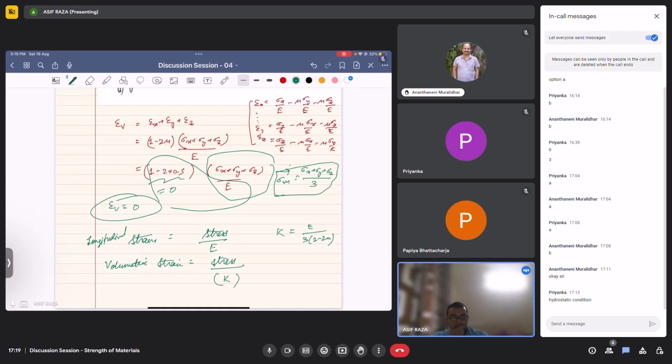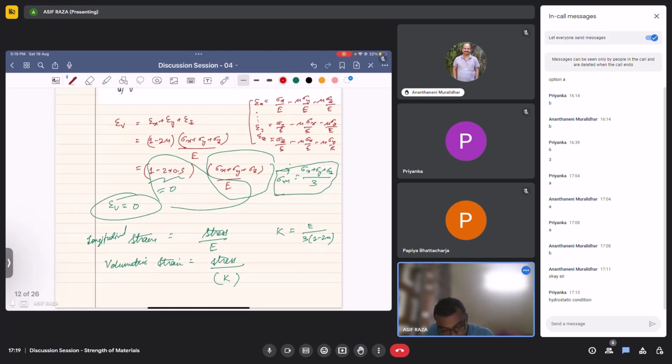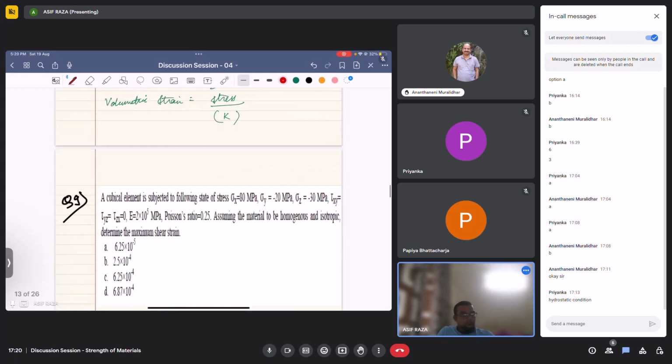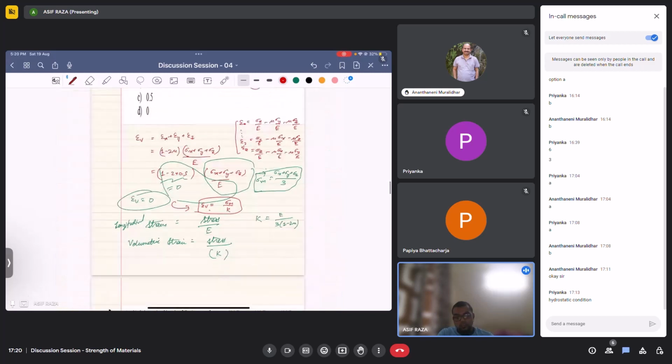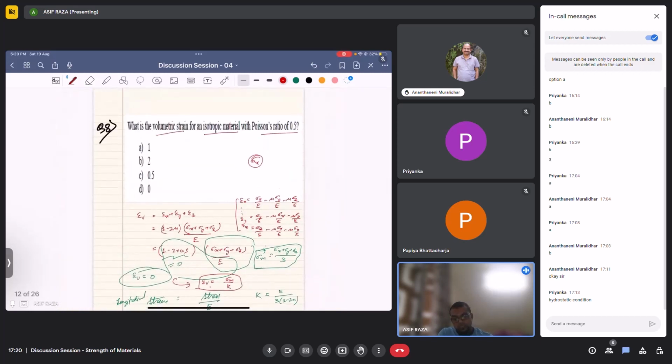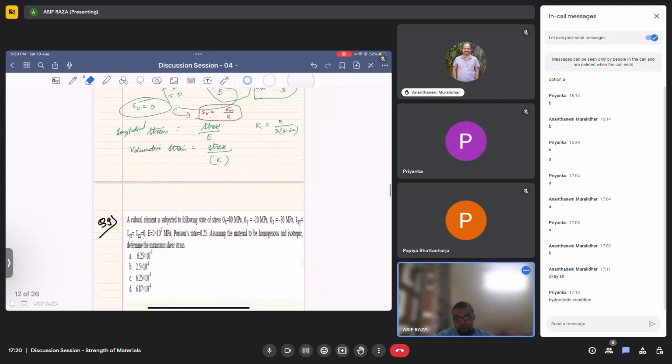So this would be equal to epsilon v times sigma m upon K. I hope everyone has no issues pertaining to this question. The correct answer to this is option D. Let's move on to the next question.